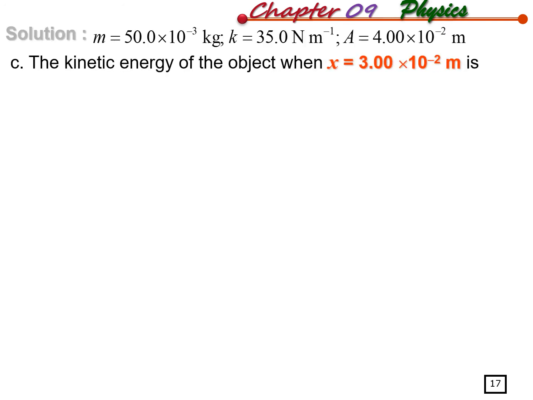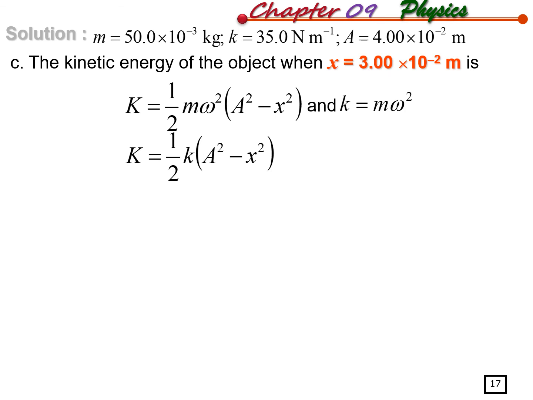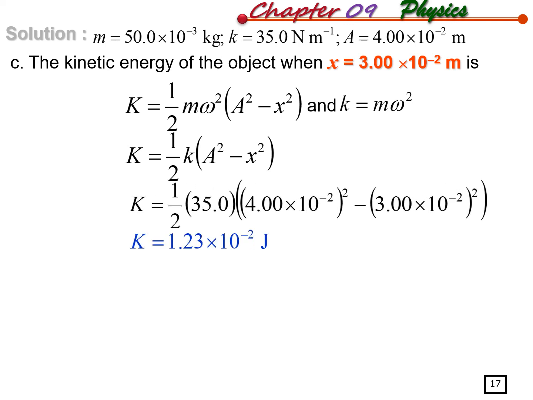And for the kinetic energy, when x is given as 3 centimeter, apply the equation for kinetic energy. Since we already have the other values, replace in, and K will be equivalent to half m omega square times (A square minus x square). So simplify that, replace in the value, and K you will end up with 1.23 times 10 to the power of negative 2 joule.